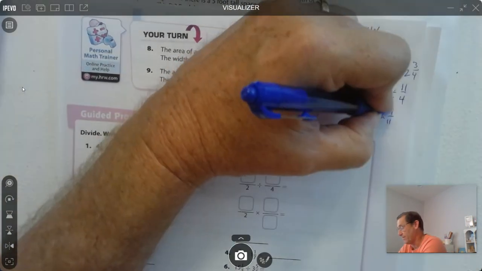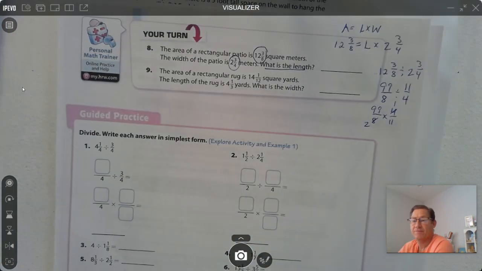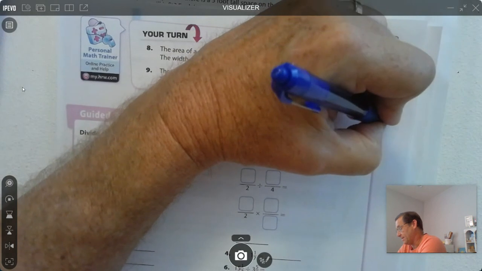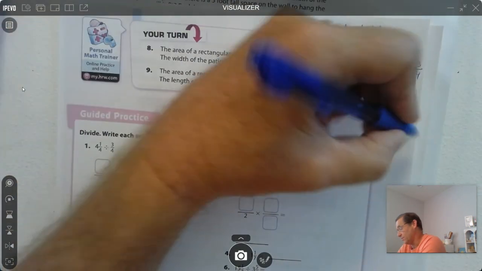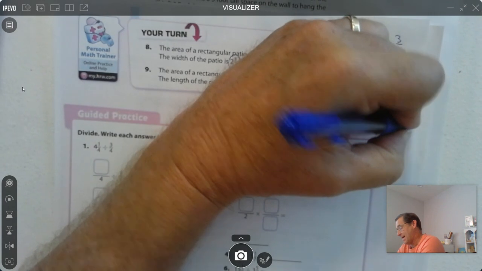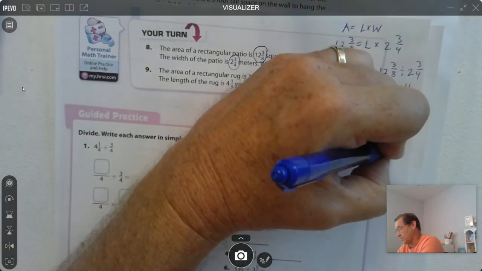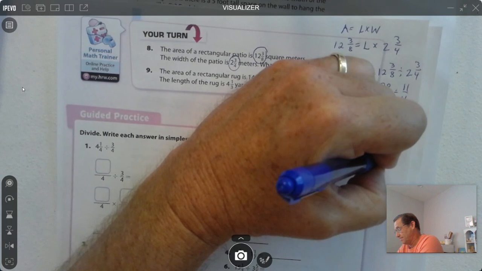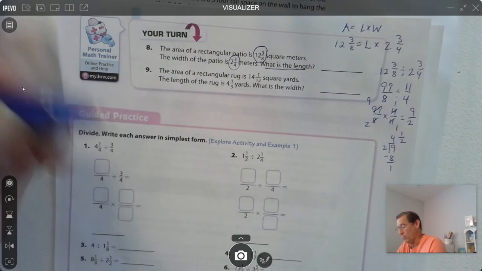Well, 4 is a common factor of 4 and 8, so you can simplify that by dividing by 4. And 11 is also a common factor of 99, so divide by 11. So we're left with 9 halves. Well, 9 divided by 2 is 4 and 1/2.